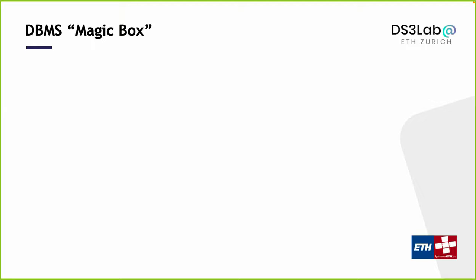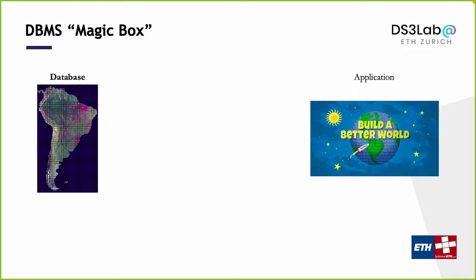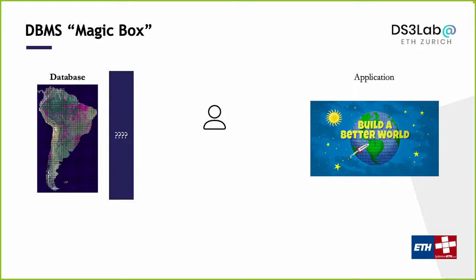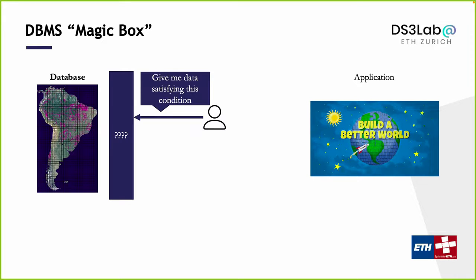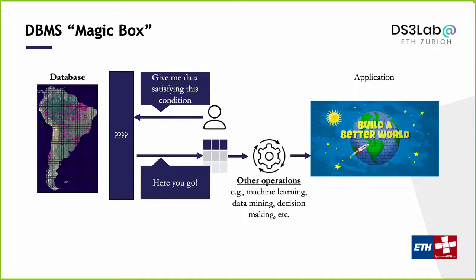Essentially, the way we think about what we are going to learn is that you have a database that contains your data, you have an application that you want to build, and you as a user are in the middle. You try to specify to a magic box, give me this piece of data. This is what I want from you. This is what I want to know. The database gives you an answer that satisfies your requirement, and you can do whatever you want over that answer.